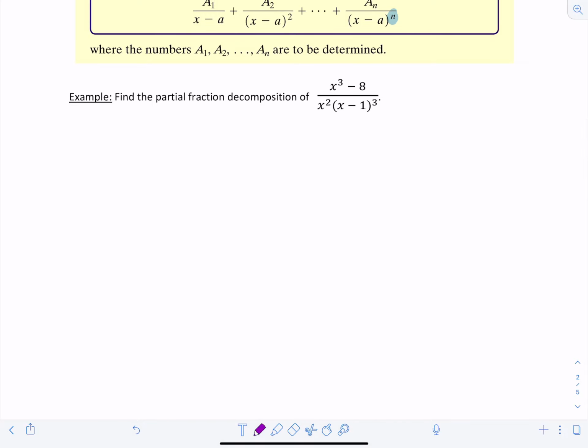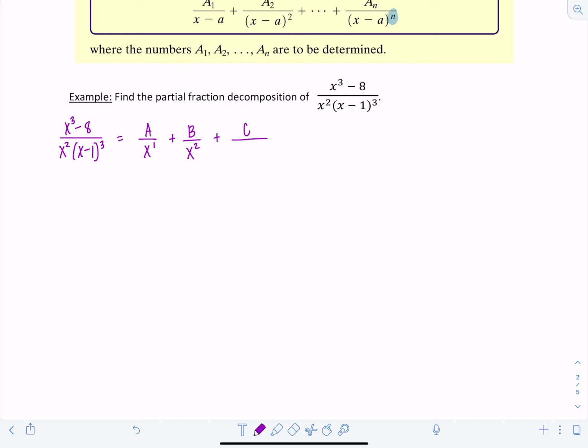So we have x cubed minus 8 over x squared times x minus 1 cubed. And so I'll start working on x squared. You have to start listing it to the first power. So I'm going to have a over x to the first plus b over x squared. And that's the highest power that I see in the denominator in q of x, so I'm done. Plus, now let's move on to x minus 1.